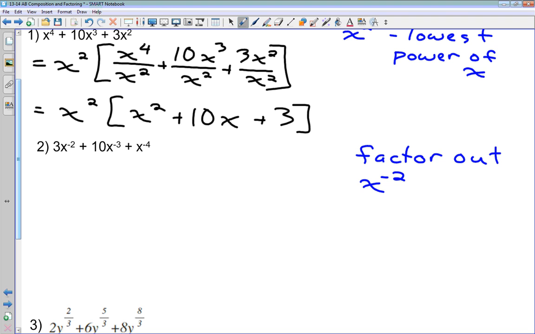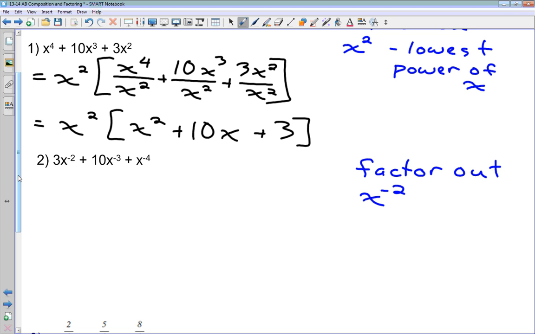Now, why do you say x to the negative 2? True, we can factor out x to the negative 2 from all of them. But, Riley, why do you say x to the negative 4? Yeah, that's our lowest power of x, so that's the one that we want to factor out here.